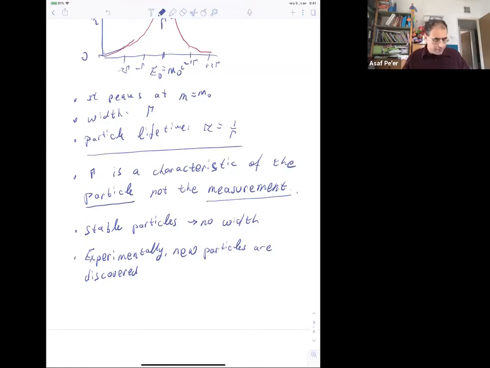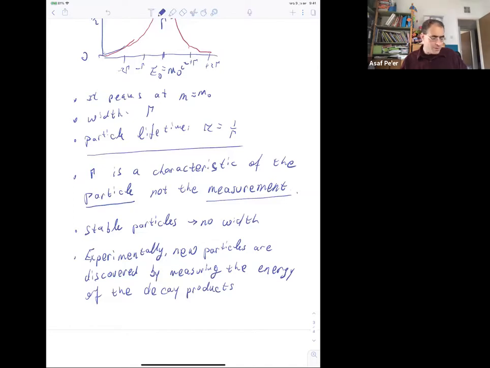or can be discovered by measuring the energy of the decay products. Remember, if the particles lived long enough, we could see them directly. But the fact that we don't see them means that if they are there, they're simply too short-lived.